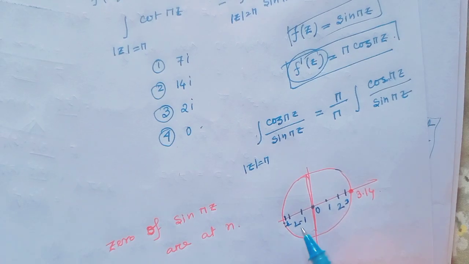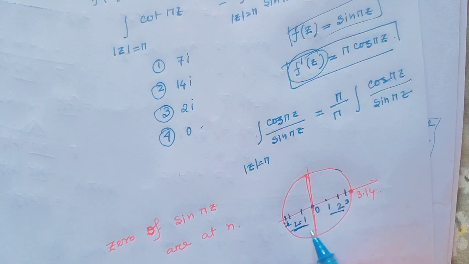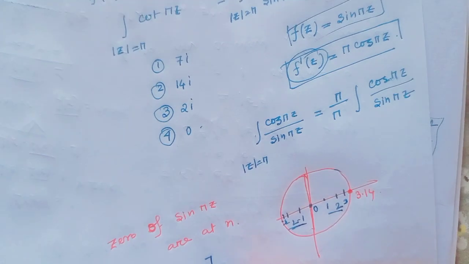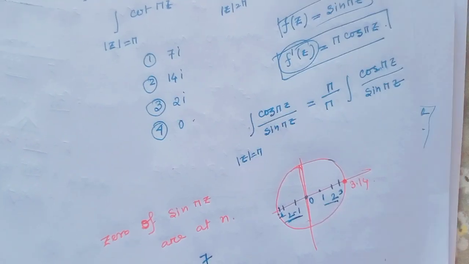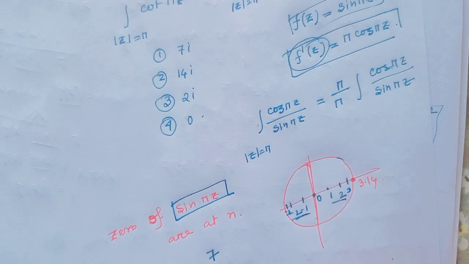That means the zeros are minus 3, minus 2, minus 1, 0, 1, 2, 3. Here 3, 3, plus 1, that is 7. The number of zeros of sin pi z in this contour is 7. And sin pi z has no poles.